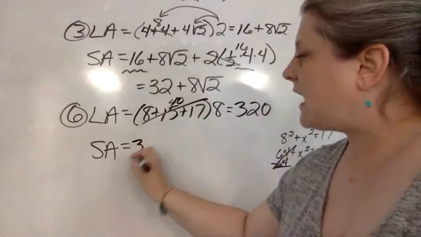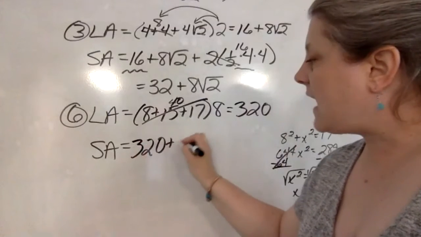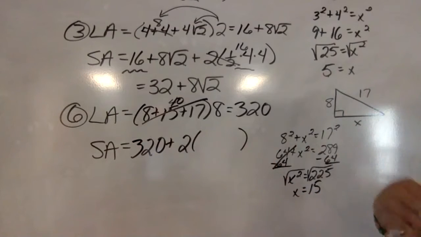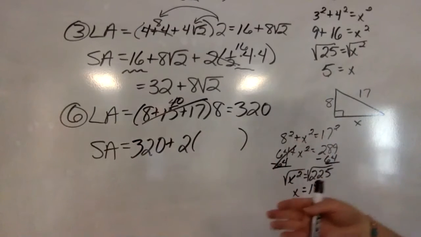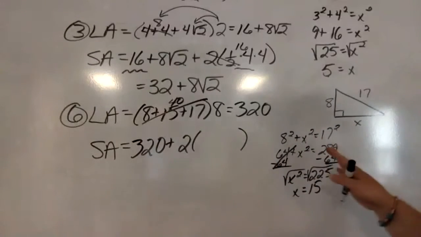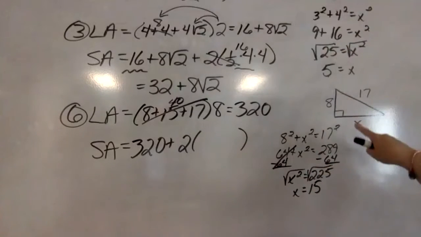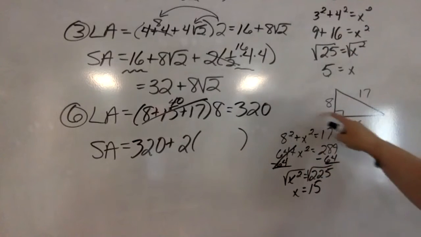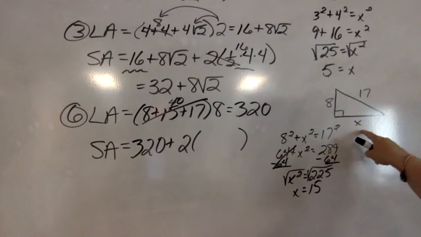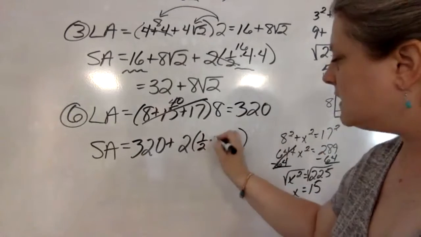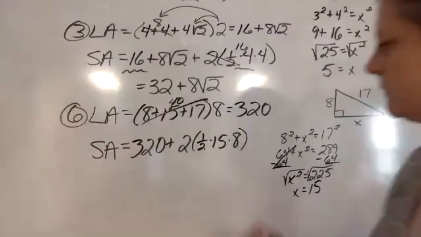So you take your lateral area, and then you add the area of the triangle twice. Because there's 2 triangles, one on the front, one on the back. So to find the area of the triangle, remember, it's 1/2 base times height. The base and the height are the 2 sides that are perpendicular to each other. So it's the 15 and the 8. So I have 1/2 times 15 times 8.